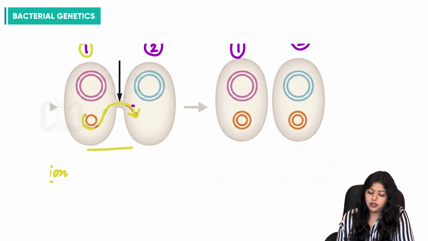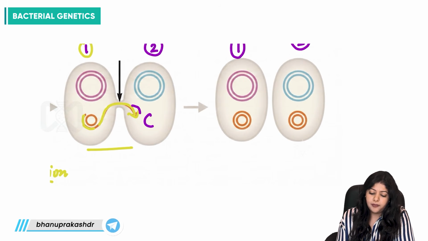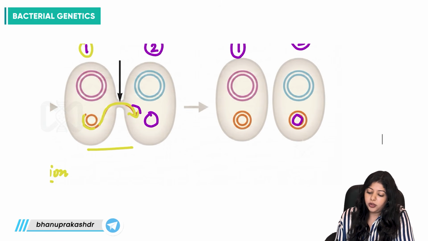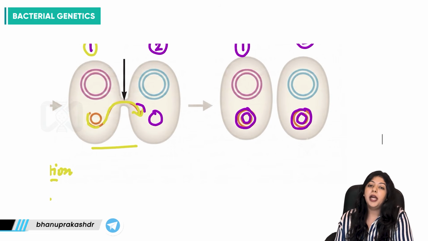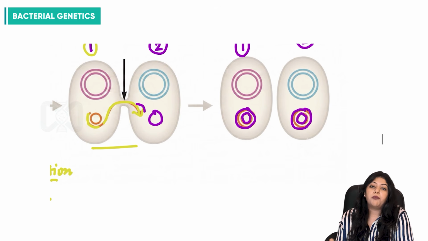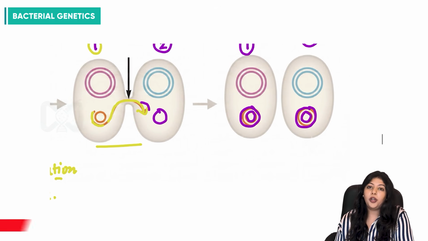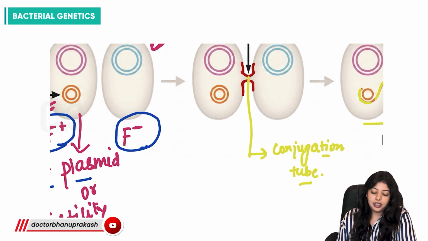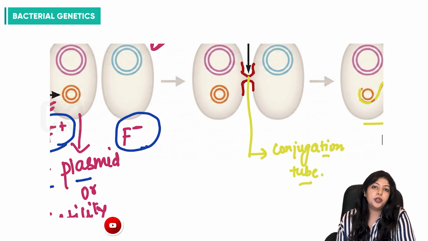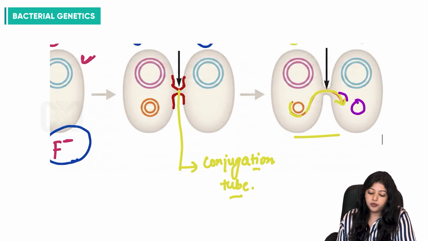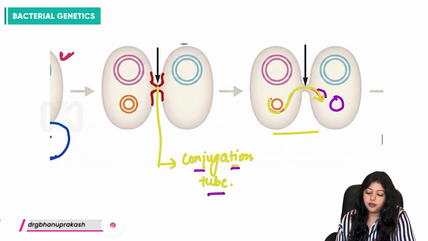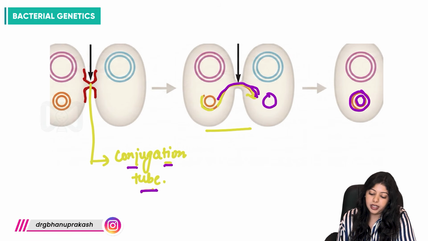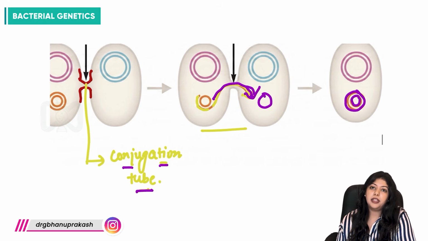Now one strand has been transferred here, right? So now this strand also replicates and forms 2 copies. So both of these bacteria now have their separate copies of F plasmid. Since in the very first image we said that it is F positive having F plasmid, and bacteria number 2 did not have any plasmid, because of the formation of conjugation tube, the transfer of F plasmid has occurred from bacteria number 1 to bacteria number 2.